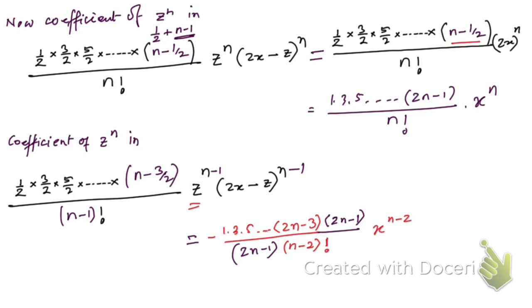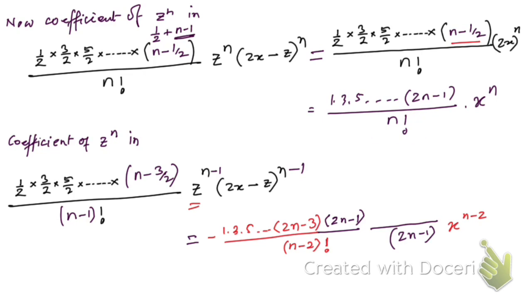Now one more thing is that, let me write this part here. Now we need to multiply more things. We want to keep this factorial n.